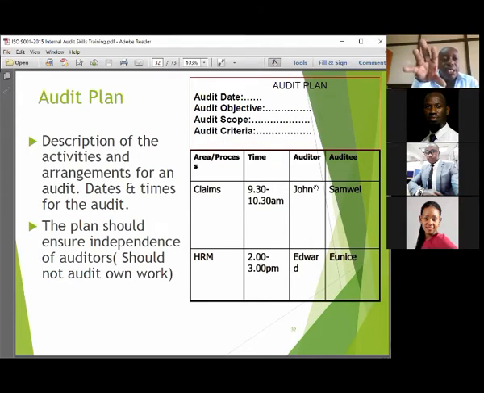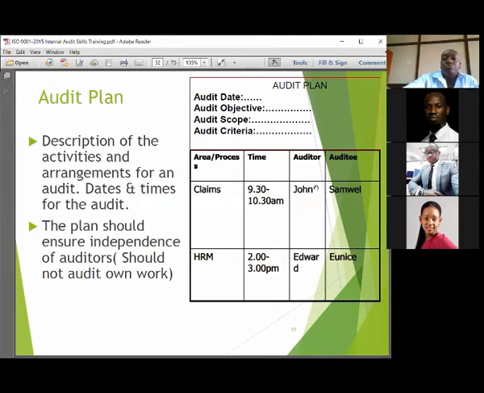It's a description of the activities and arrangements for an audit, dates and time for the audit. So audit date, we have it there. Audit objective, it will be defined, and this will be defined by the project manager, by the quality management system coordinator, before this audit plan is circulated.